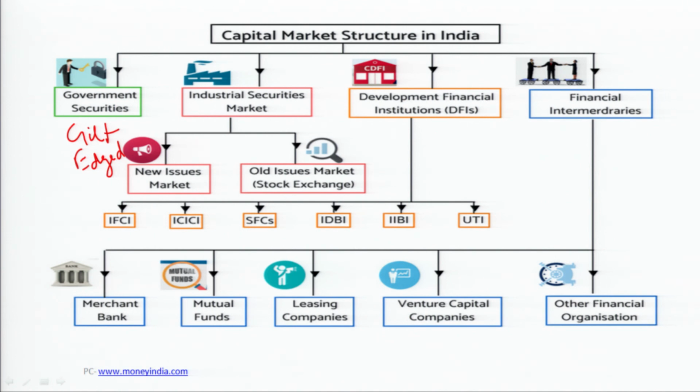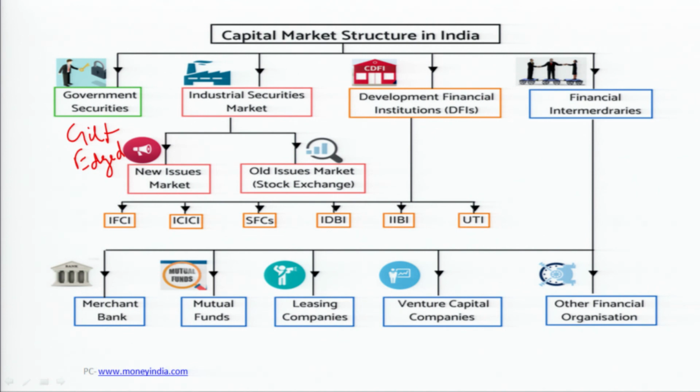IFCI, ICICI, SFCs, IDBI, IIBI and UTI are a part of it. IFCI is the Industrial Finance Corporation of India. ICICI is basically a bank, the Industrial Credit and Investment Corporation of India.